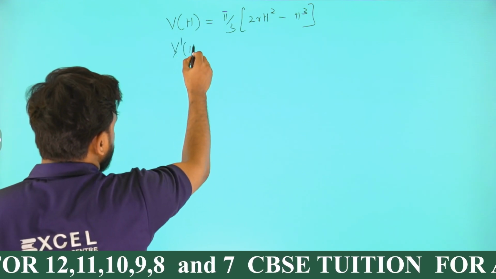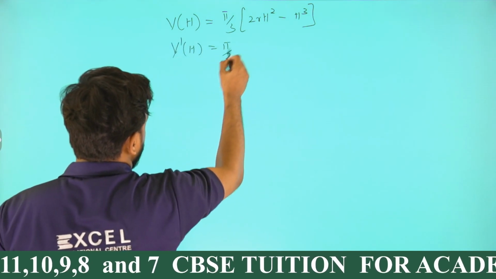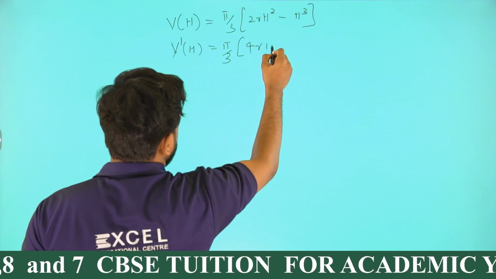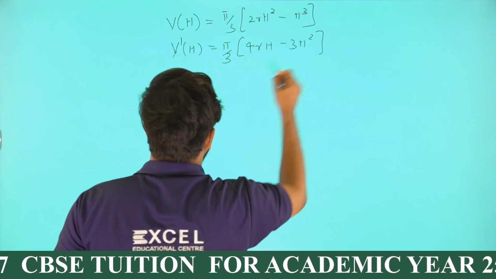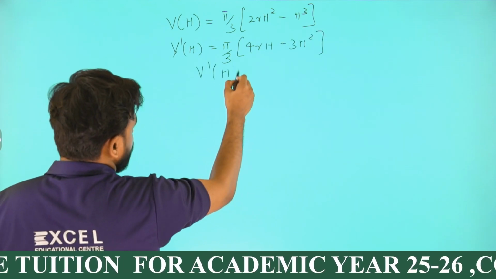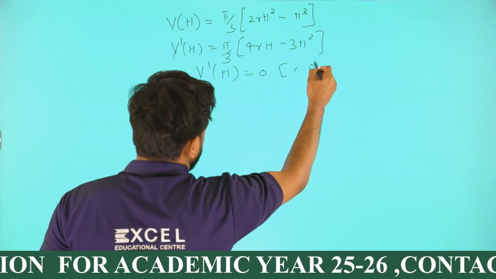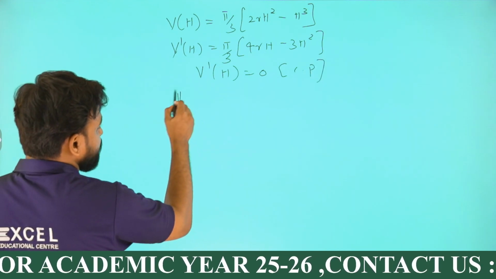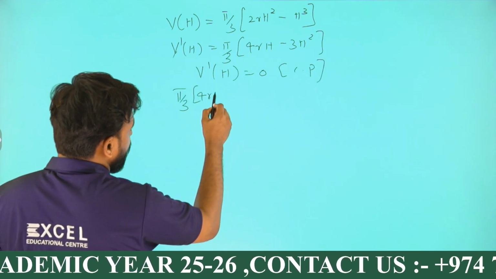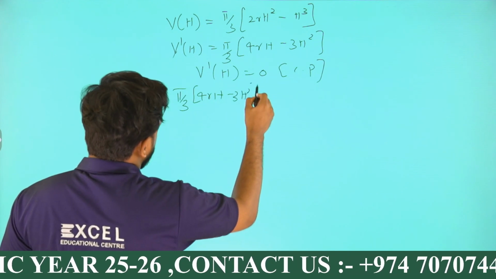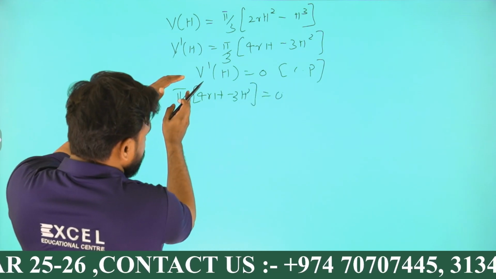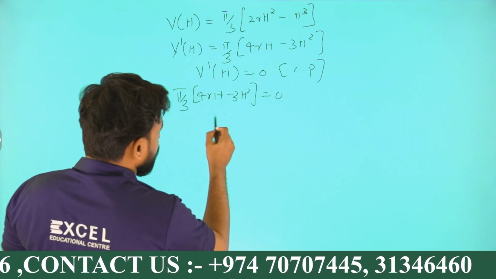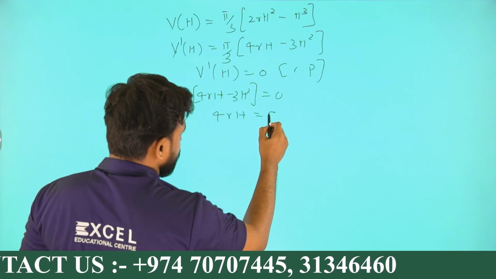So differentiate it. It will be 4rH minus 3H square. This is where you get the critical point, when it becomes 0. That means pi by 3 times 4rH minus 3H square is equal to 0. This constant goes to the other side, becomes 0. So 4rH is equal to 3H square.